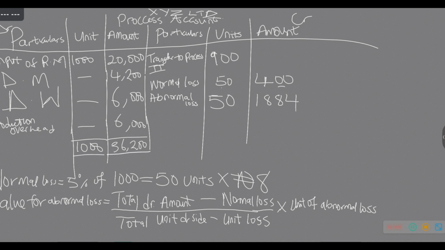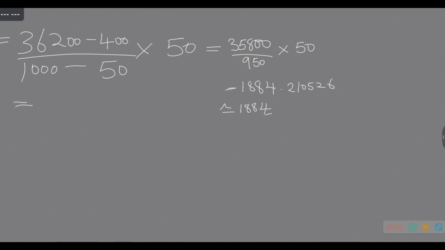Now, to get the amount for the transfer to process 2, we subtract the normal loss and the abnormal loss from the total amount on the debit side. So let me write it here.